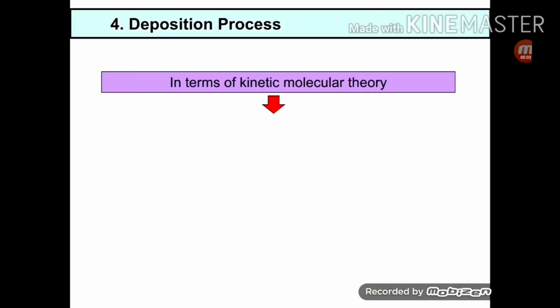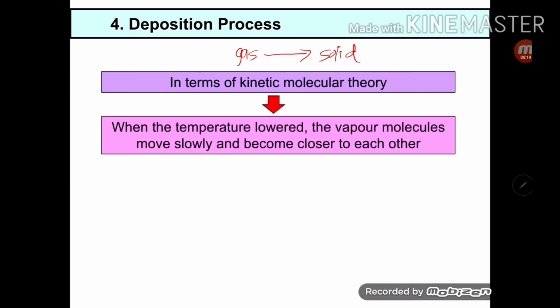Deposition process. This process involves transformation from the gas state to the solid state. In terms of kinetic molecular theory, when the temperature is lowered, the vapor molecules move slowly and become closer to each other.